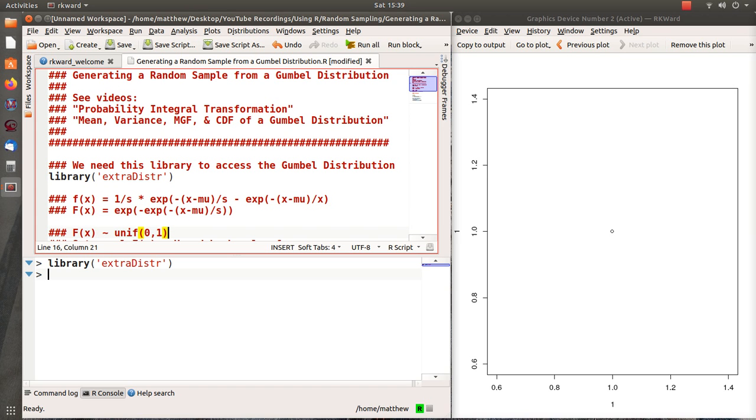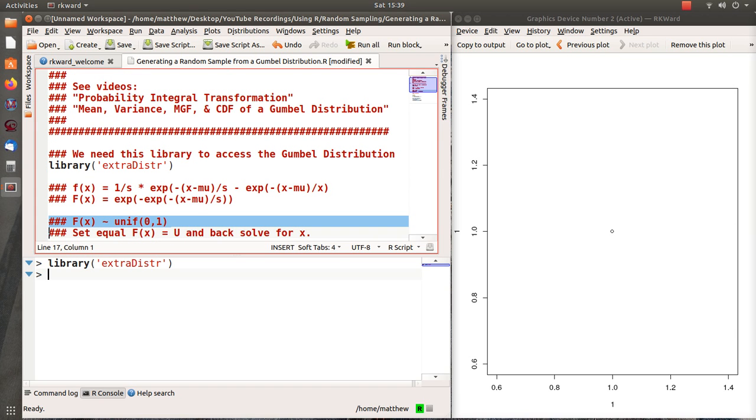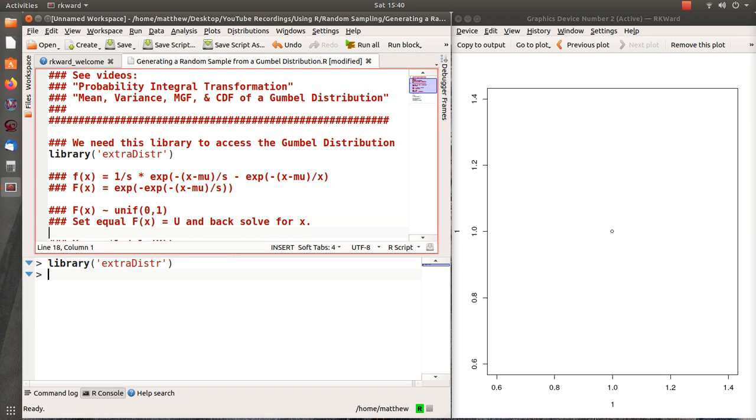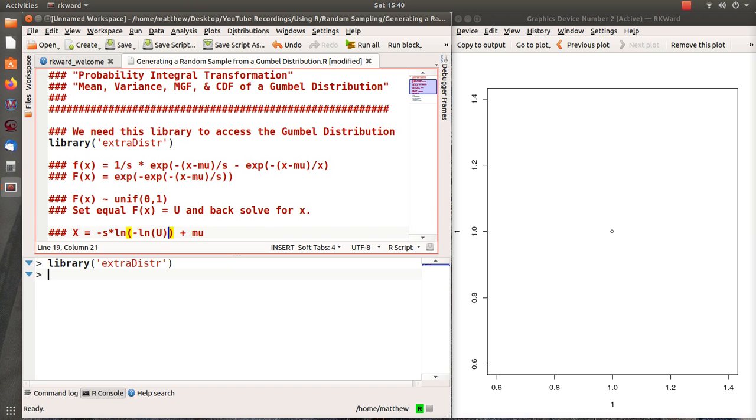In the probability integral transformation, we learned that the CDF follows a uniform 0-1 random variable. So the technique that we use is we let u, where that's a uniform random 0-1 variable, equal the CDF, which is this, and then we back solve it for x, and that ends up being how to generate random variables from this Gumbel distribution.